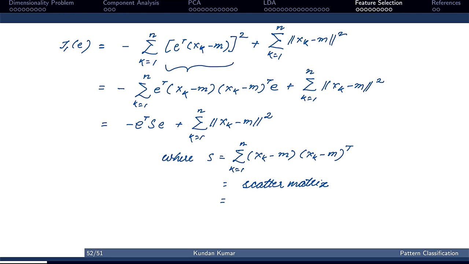We can define this scatter matrix as n times the sample covariance matrix.